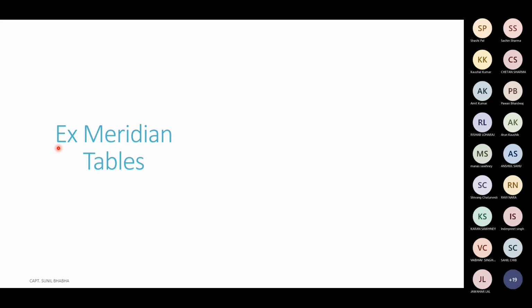Now, for using X meridian, there is a particular band of time, a period of time in which it can be used. Just to give you an example, if that band or period is 15 minutes, so 15 minutes before meridian passage and 15 minutes after meridian passage, that is the period in which X meridian can be used.